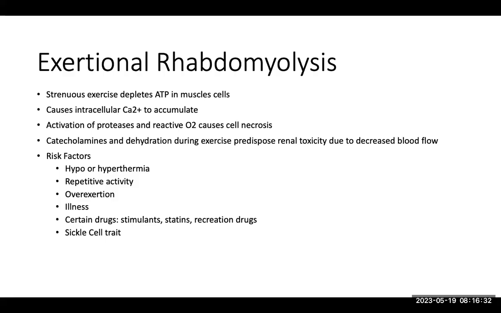Certain drugs can increase your risk for rhabdo, including stimulants, benzos, SSRIs, antipsychotics, and even some recreational drugs such as alcohol, cocaine, and amphetamines. Sickle cell trait also increases the risk of rhabdomyolysis, with the caveat of increased risk of sudden death, which has been observed in a few studies in the past.